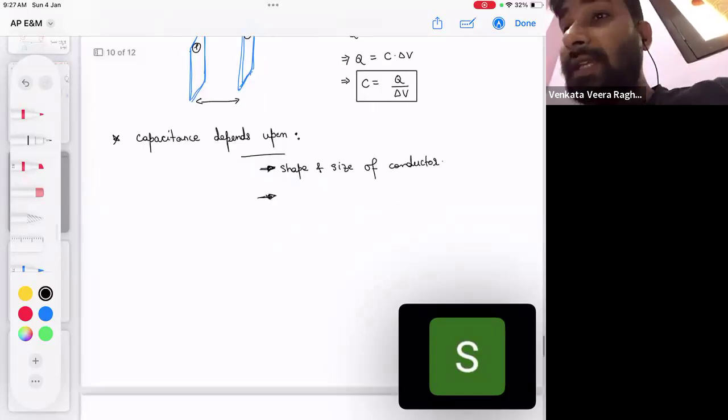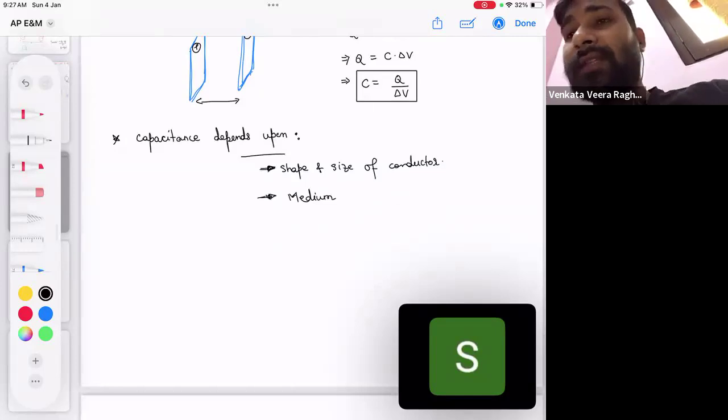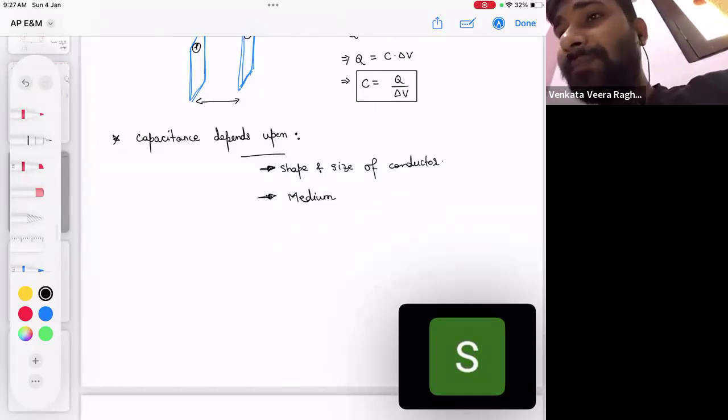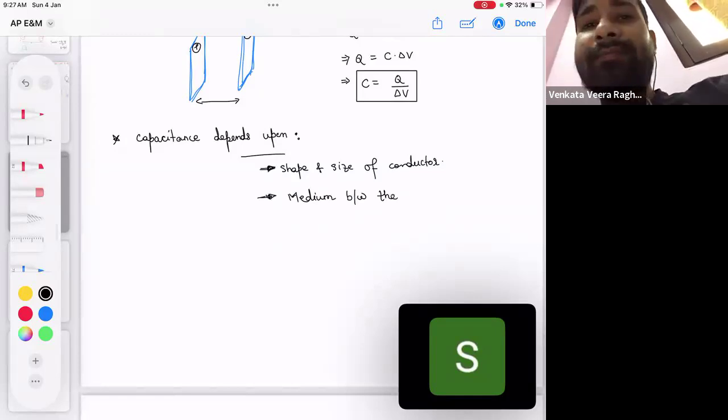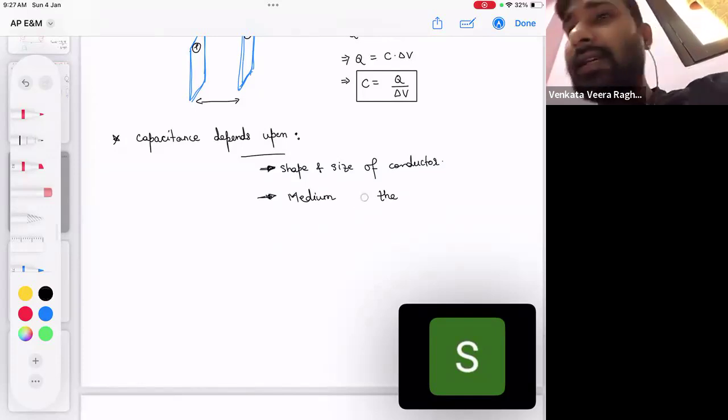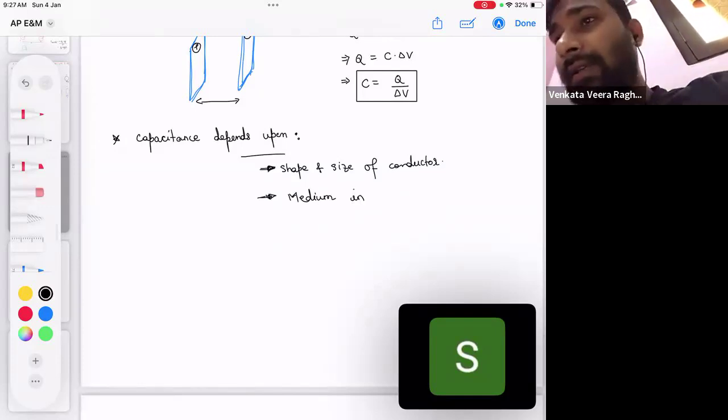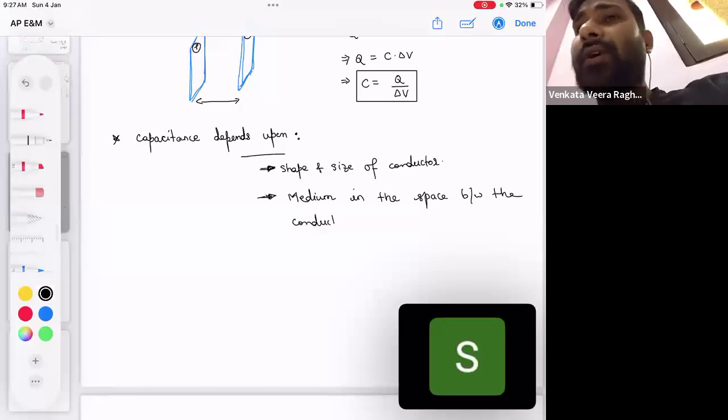The second thing is the medium. The medium also affects the capacitance: the medium in the space between the conductors.